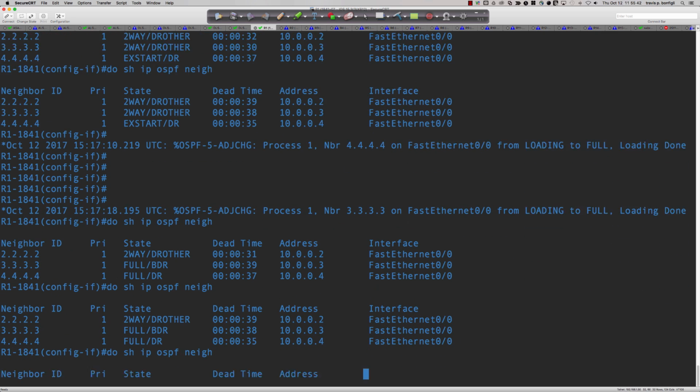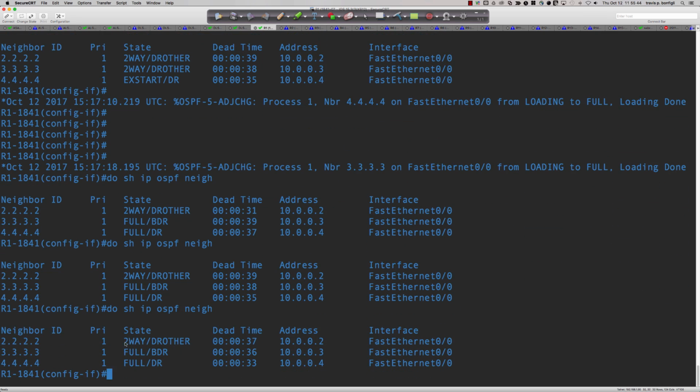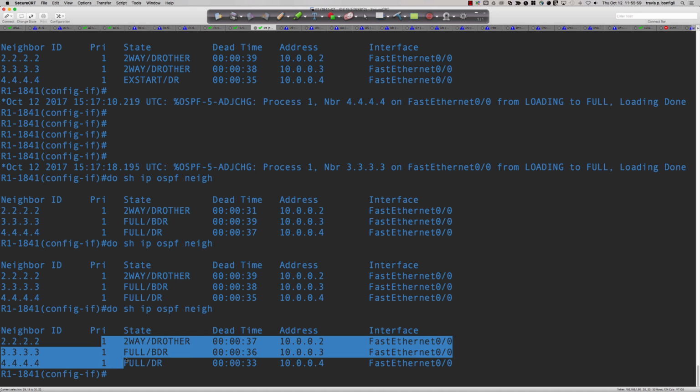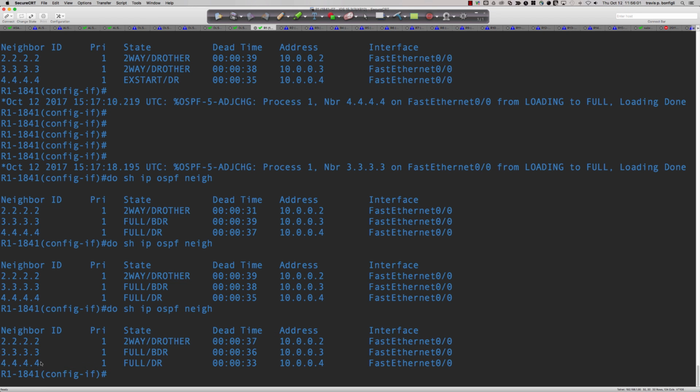The reason I have 4 routers in here is I wanted to make sure I demonstrated the two-way DR other. So here, who is the DR? The DR is router 4. Why is router 4 the DR? You'll notice the priorities are all 1. So it's the DR because it has the higher OSPF router ID, which just happens to be the loopback 0 address.